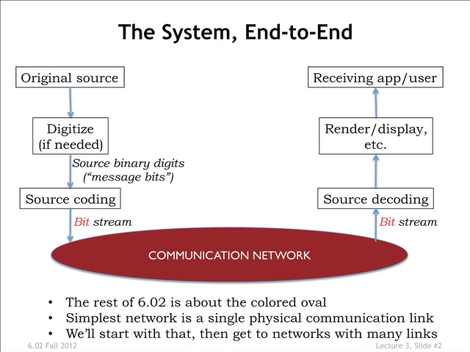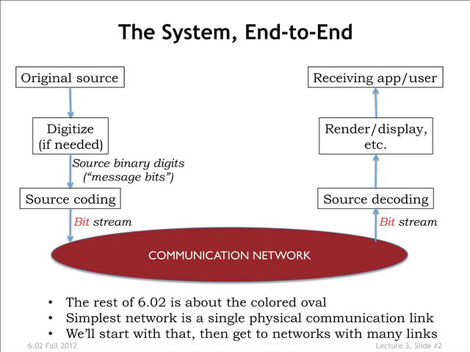So now I'm going to really stop making a distinction between bits and binary digits. I'll just say bits when I might mean binary digits. But once you're into the system here and you've done your source coding, a binary digit carries a bit of information in general, if you've done a good job of extracting the redundancy. So we're talking about a bit stream here that you're trying to get across to the other end. At the other end, the bit stream is received.